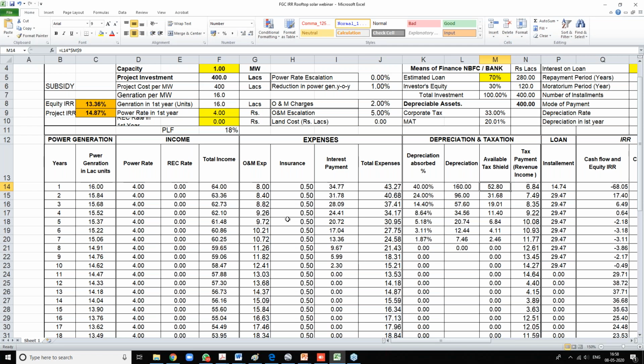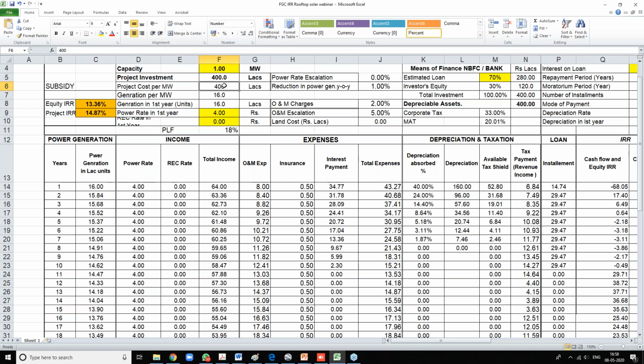So what are those sensitivities? The first sensitivity is what if your generation reduces. We have considered 16 lakh units, so if your generation reduces to, say, 15 lakh units, then your IRR will reduce accordingly. So the sensitivity needs to be checked in terms of your plant generation.